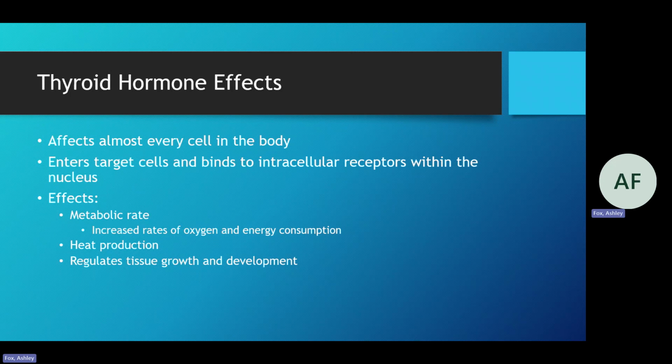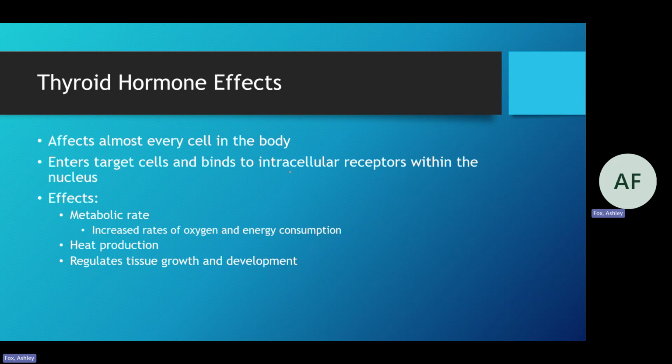So now that we've gone over briefly how thyroid hormone is made, the effects of the hormone. Thyroid hormone is needed by almost every cell in the body because it increases your metabolic reactions. So it goes into target cells, which are pretty much everywhere.